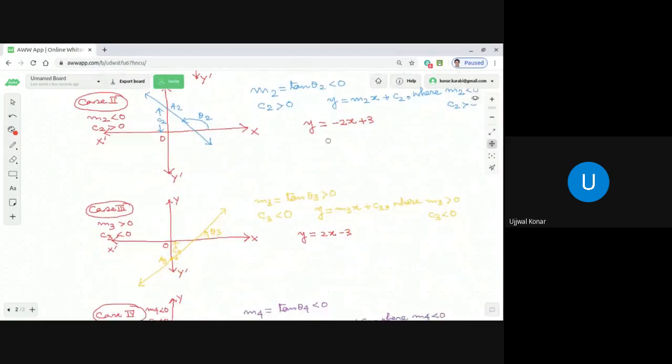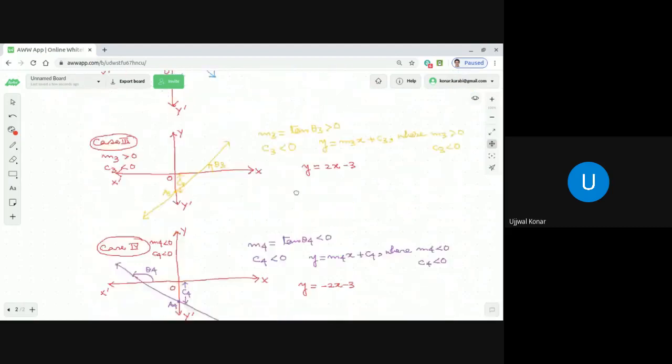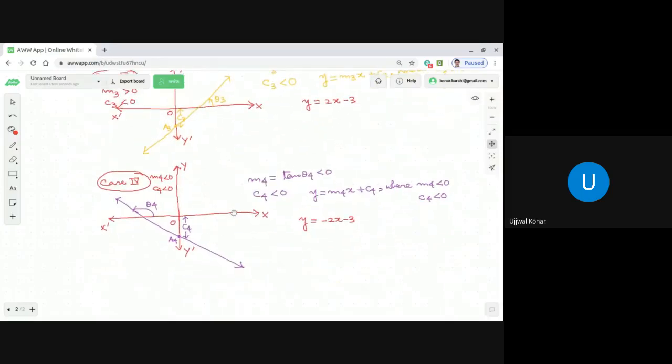Then the third case is where m is positive but c is negative. Then you will see the straight line in yellow color. And the fourth case, dear students, when both m and c are negative, then you will see the straight line something like what is in the purple color in case 4. So this is what we call the slope intercept form.